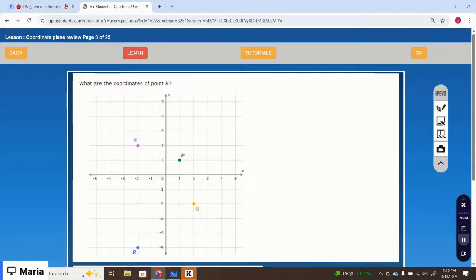What are the coordinates of the point R?